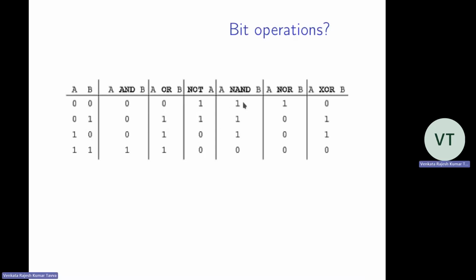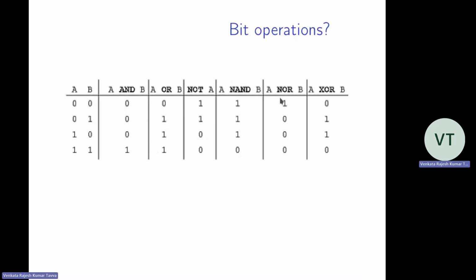Okay. NAND means NOT of the AND operation. First you perform A AND B and then take the negation of that. So wherever A AND B is 0, A NAND B will be 1. Wherever A AND B is 1, A NAND B will be 0. So it's like two operations combined into one.